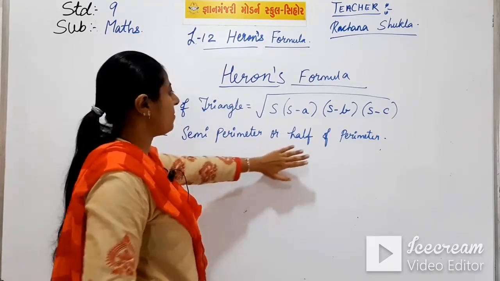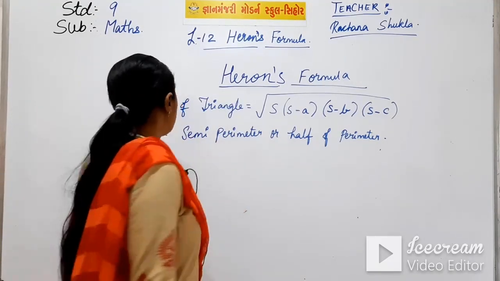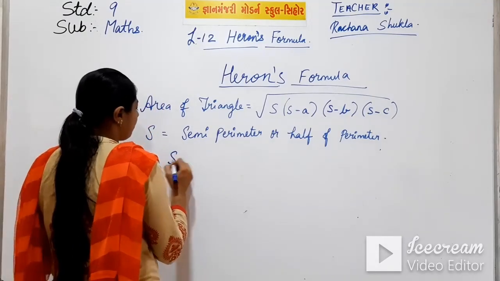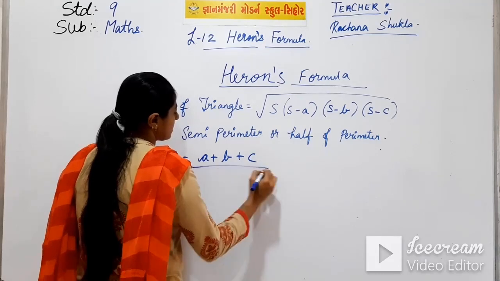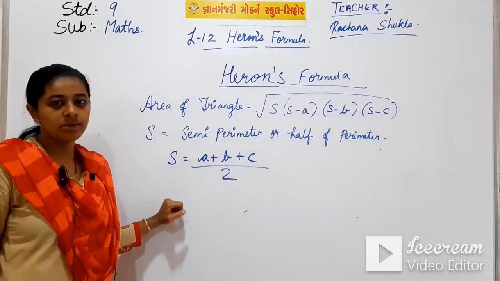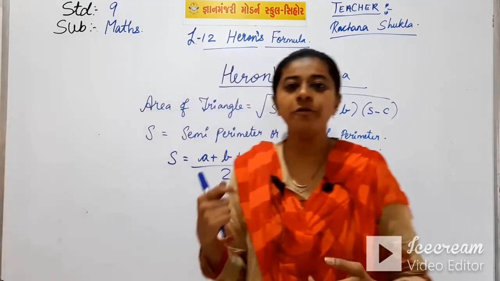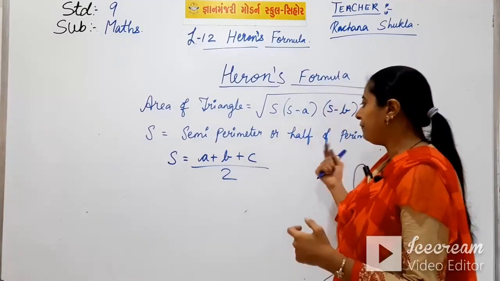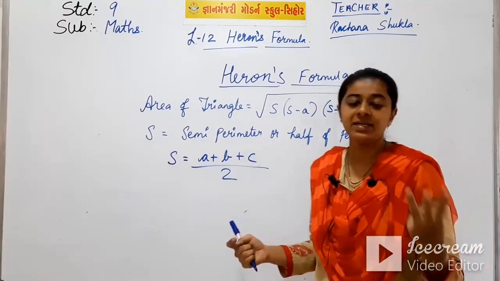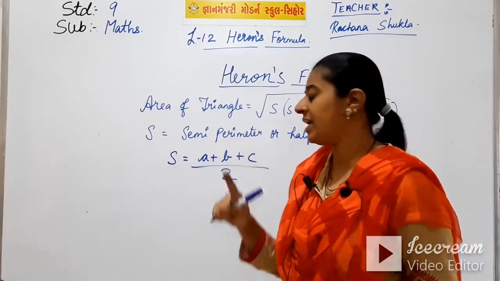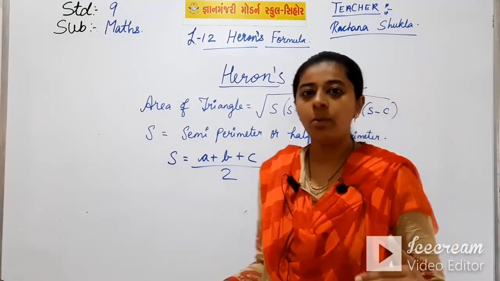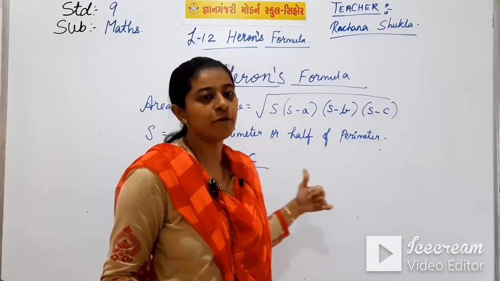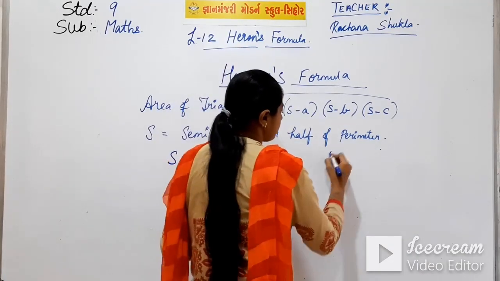The formula for finding S is A plus B plus C upon 2. That means you need the measurement of 3 sides A, B and C, then divide by 2, that is half of the perimeter.